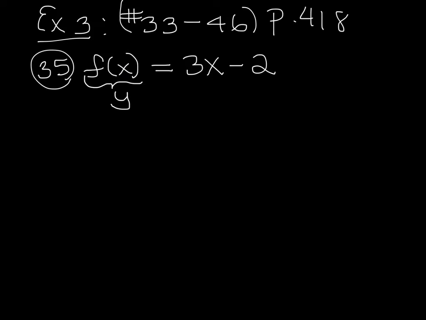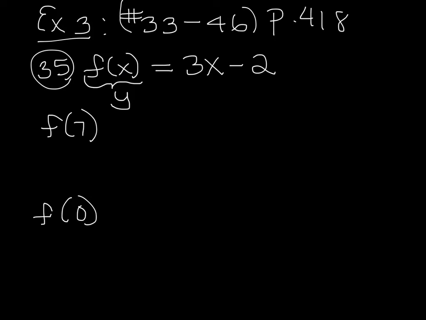So they give us, let's see, A, they want us to find what f of 7 is, and then for B, they want us to find f of 0.